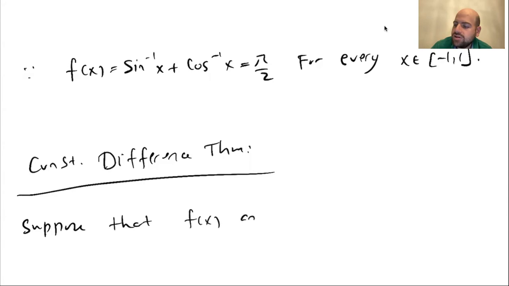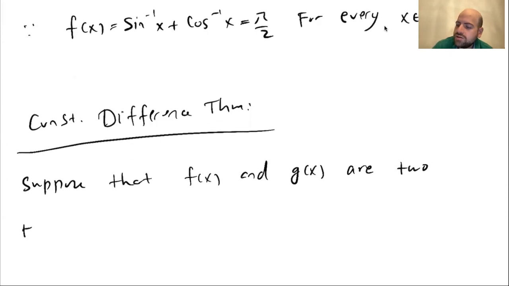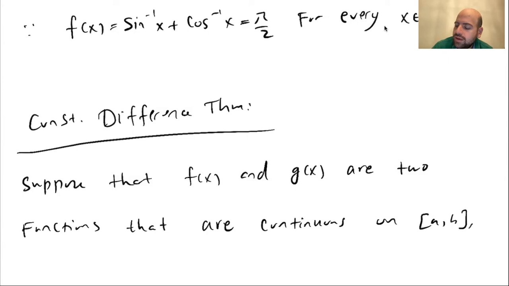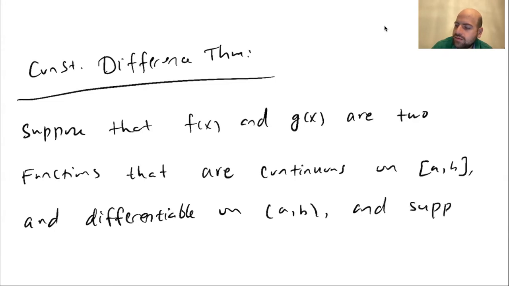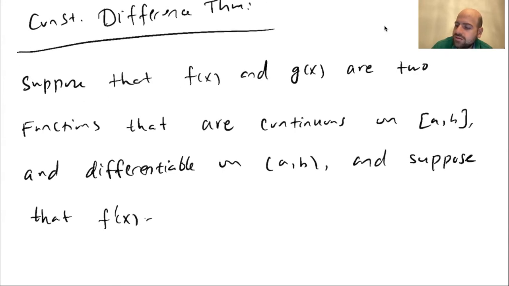f of x and g of x are two functions that are continuous on a to b and differentiable on a to b, and suppose that f prime of x equals g prime of x for every x between a to b.